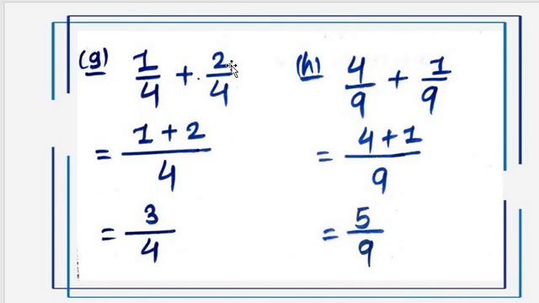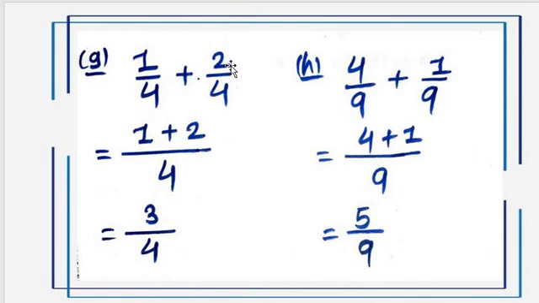Got my point? Now 1 plus 2, how many? 3. So 3 upon 4 is the answer.